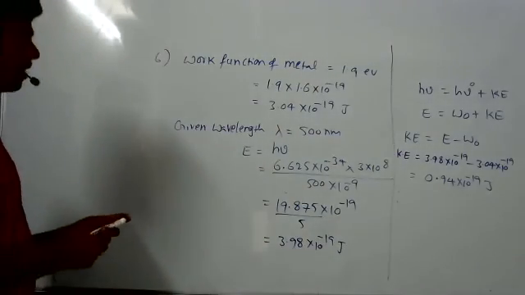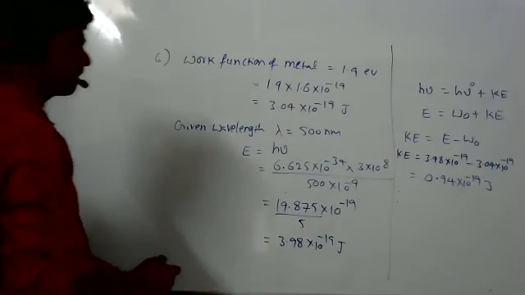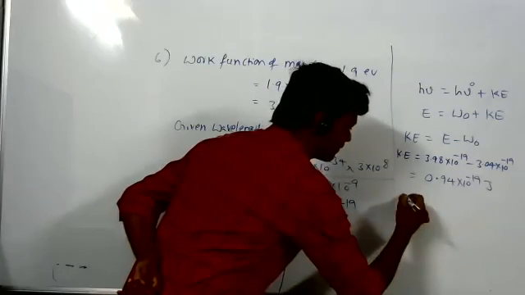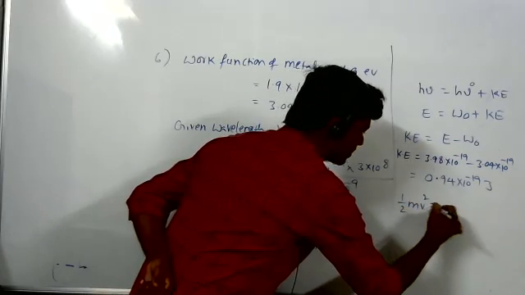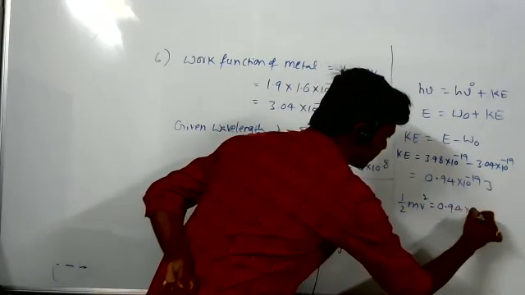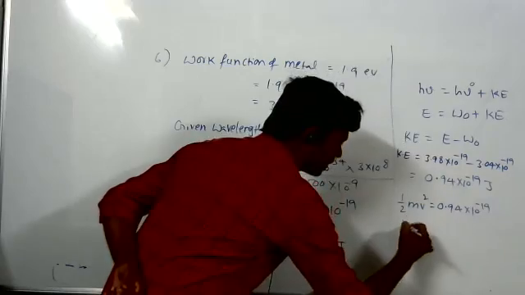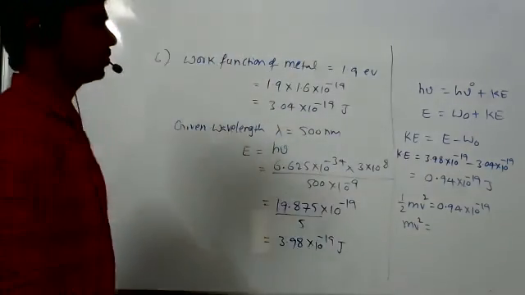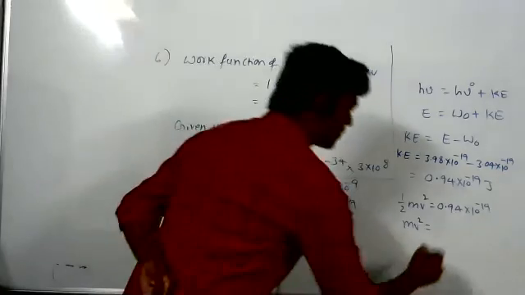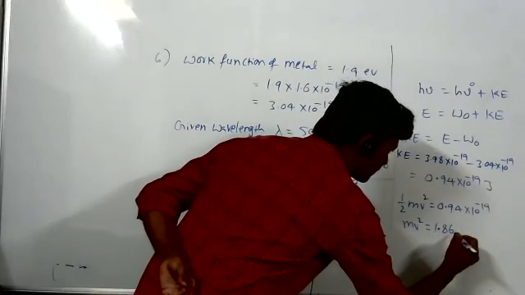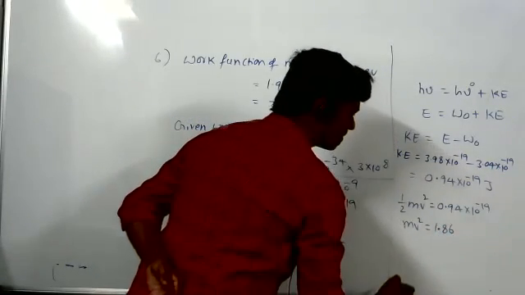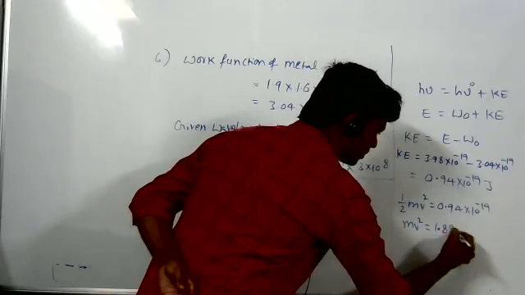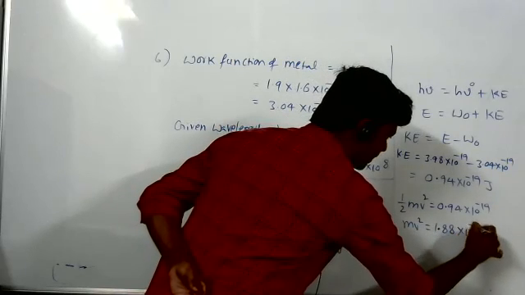Kinetic energy formula is half mv square. Half mv square is equal to 0.94 into 10 power minus 19. So mv square equals 0.94 into 2, which is 1.88 into 10 power minus 19.